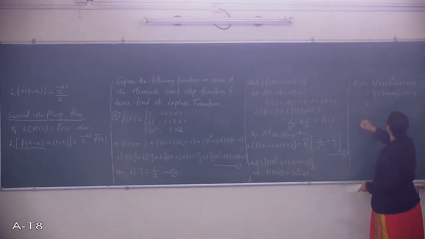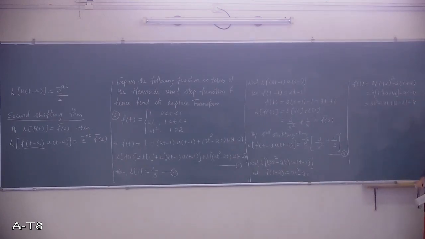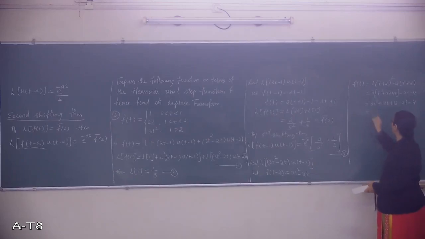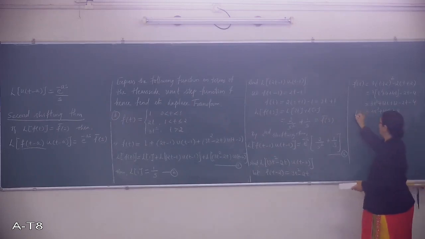This is 3t square plus 12t plus 12 minus 2t minus 4. Simplifying again, we get 3t square plus 10t plus 8. So this is f of t.